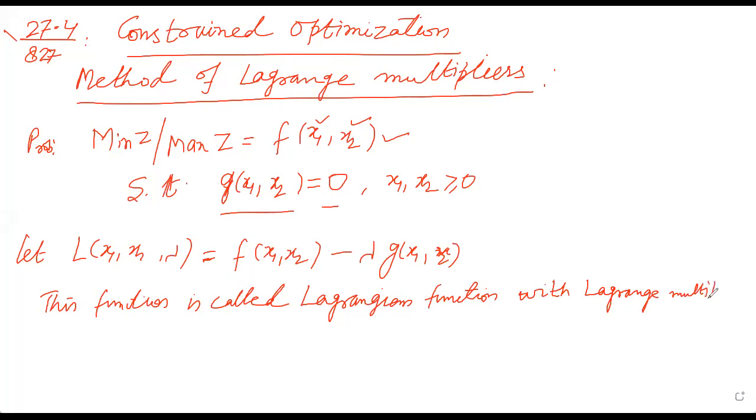What we did here, we multiplied the constraint function with lambda and added it.